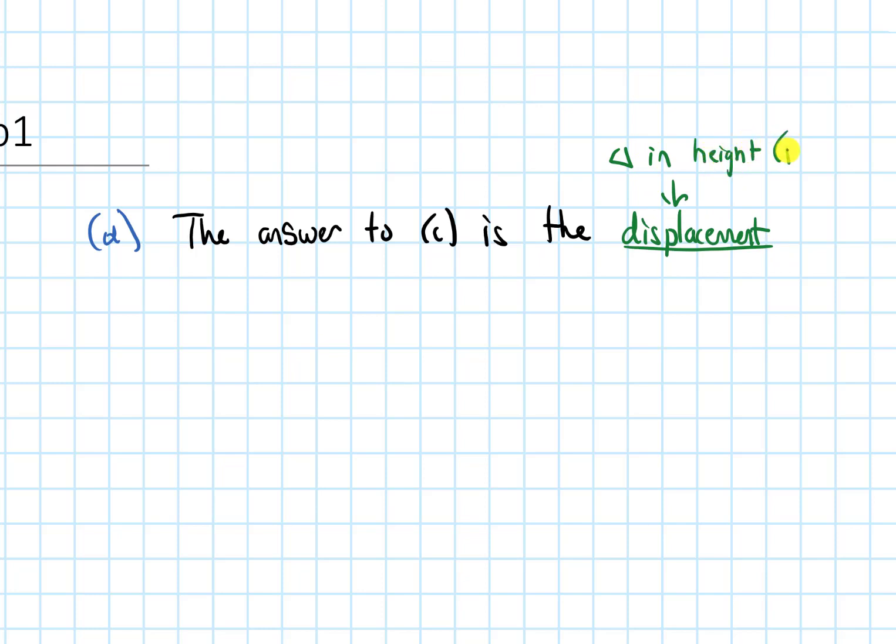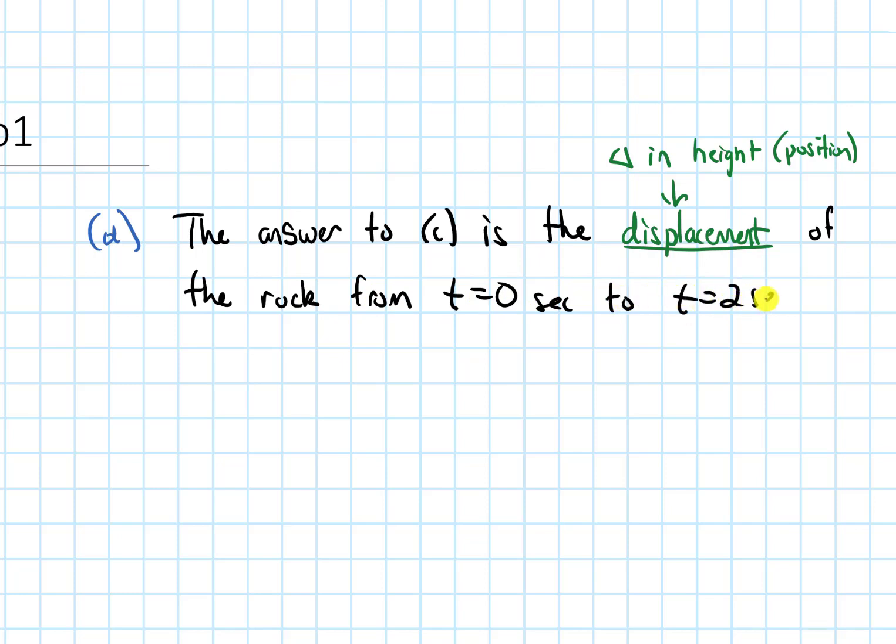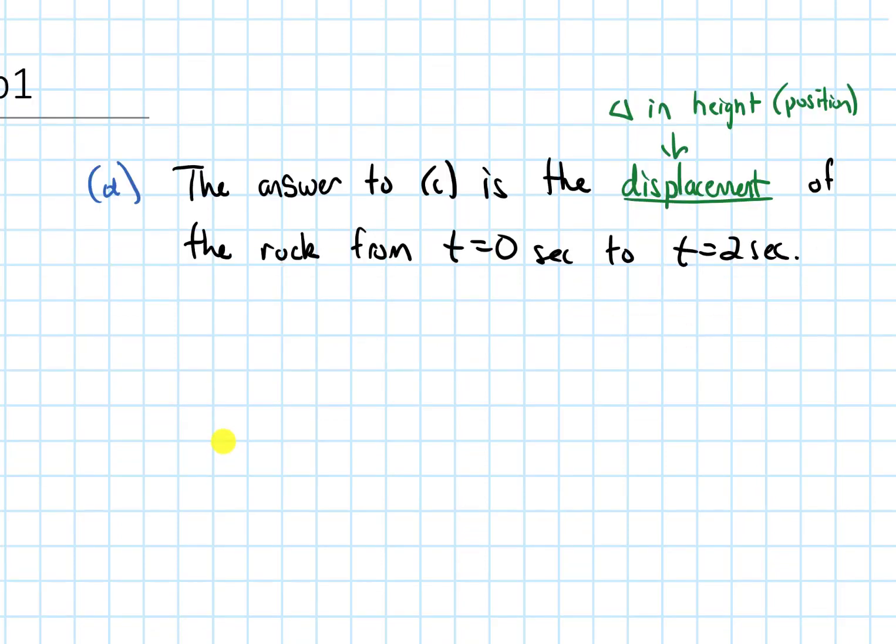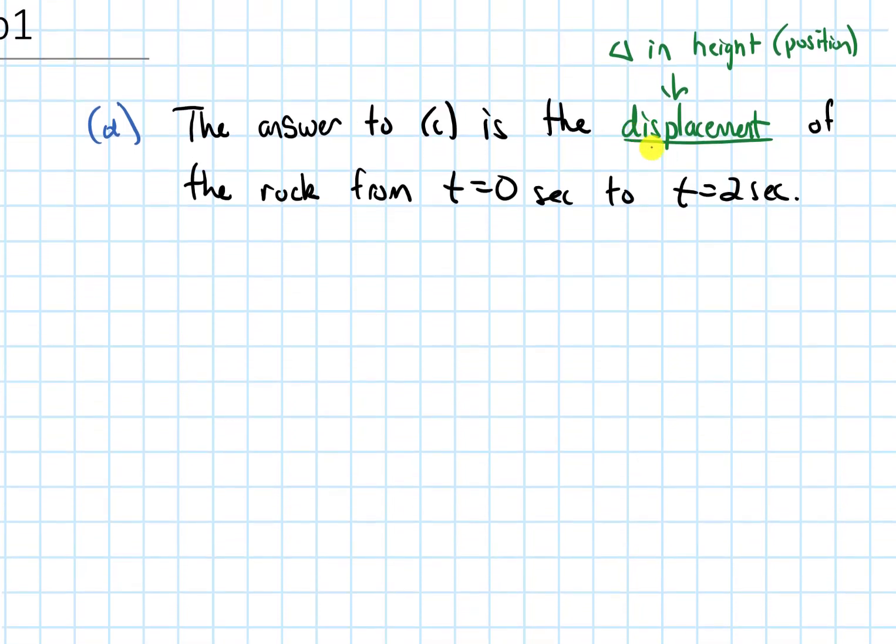Change in height, or more generally the position of the rock from t equals 0 seconds to t equals 2 seconds. Okay, is that the same thing as just the distance traveled?